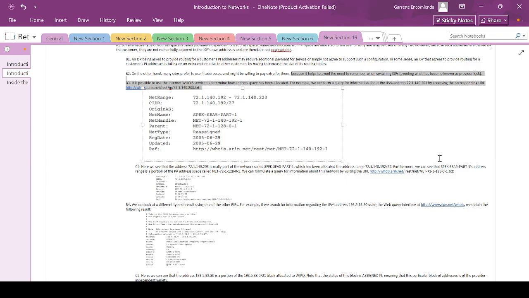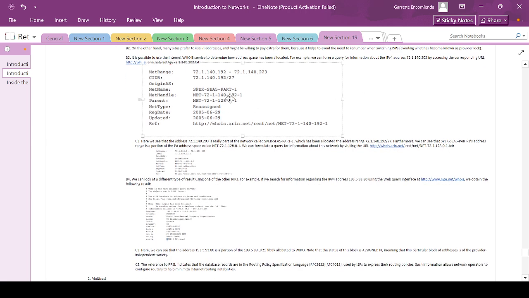It is possible to use the Internet WHOIS service to determine how address space has been allocated. For example, we can form a query for information about the IPv4 address 72.1.140.203 by accessing the corresponding URL, http://whois.arin.net/rest/ip/72.1.140.203.txt.